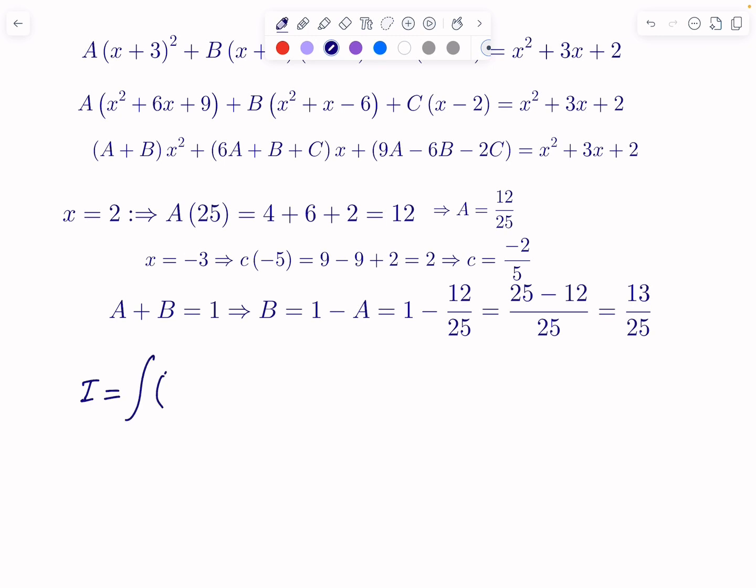And therefore we're going to get back to our integral, which is this one. A divided by x minus 2.